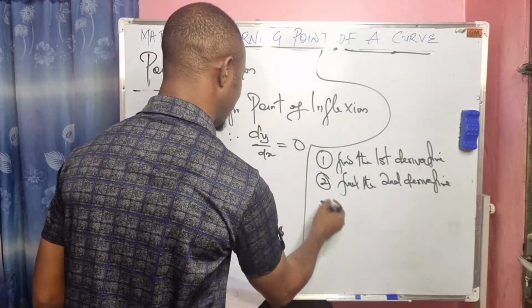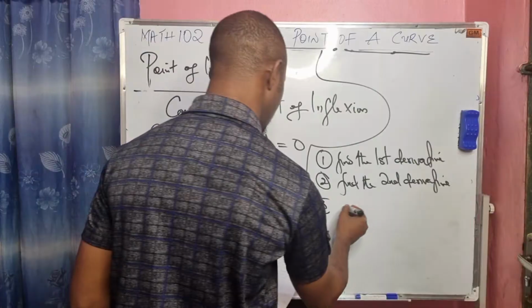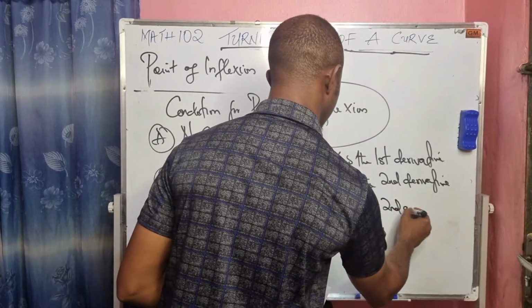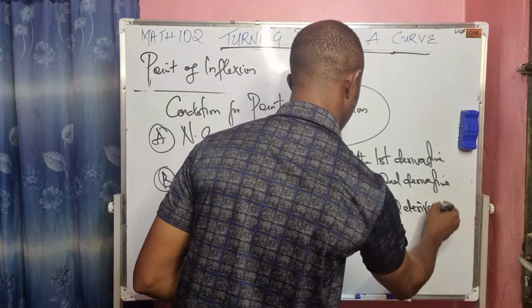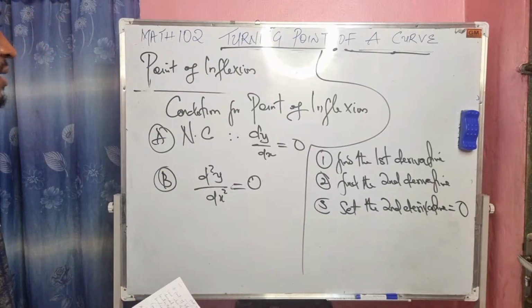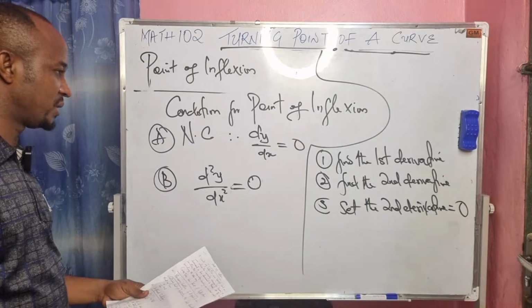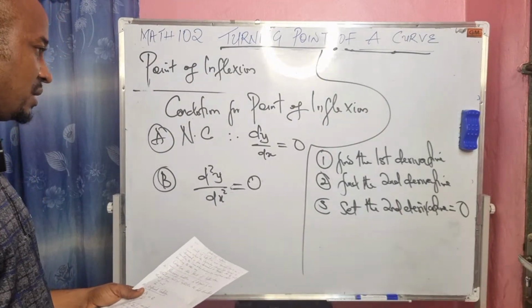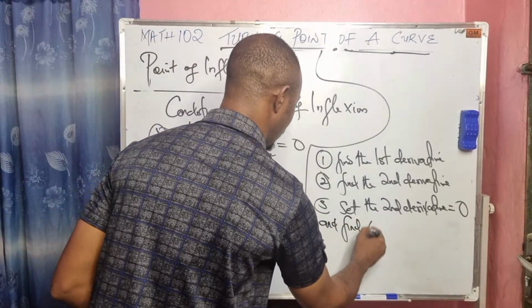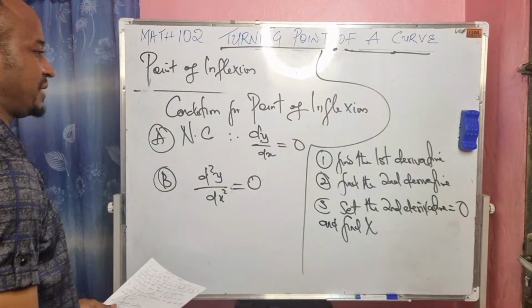Number 3 is to set the second derivative, d2y/dx squared, equal to 0 and find x. When we set this, we have to find x.